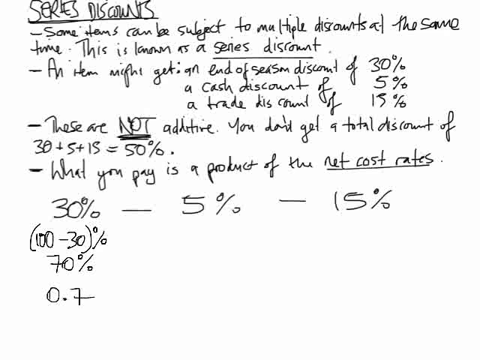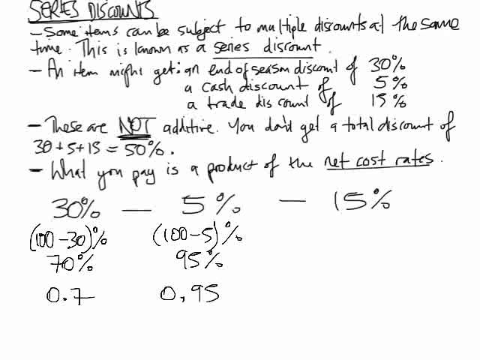Okay? What is the net cost rate of 5%? Well, if you're getting discounted 5% off the 100% price, it's going to be a 95% net cost rate, which will be 0.95.